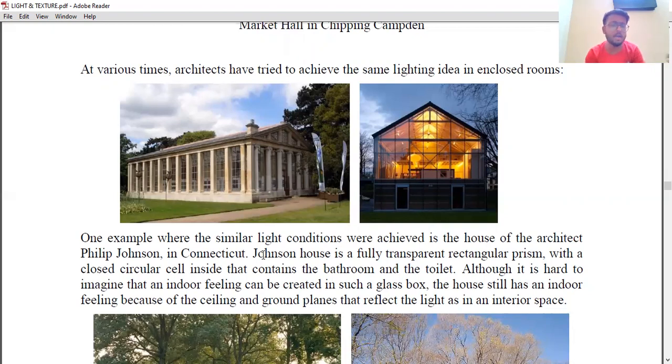Although it is hard to imagine that an indoor feeling can be created in such a glass box, the house still has its indoor feeling because the ceiling and the ground planes reflect the light as in an interior space. This is a combined one. You have all open spaces, but still the kind of openness that you get in an empty space, where the light is getting reflected from the roof and floor, still makes some difference.